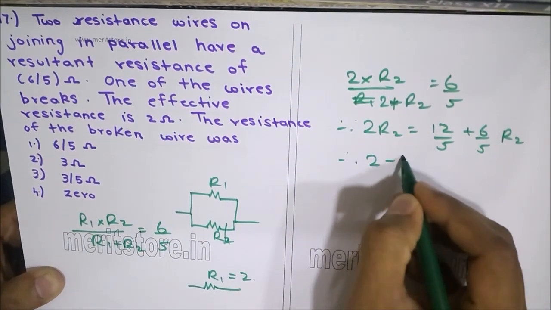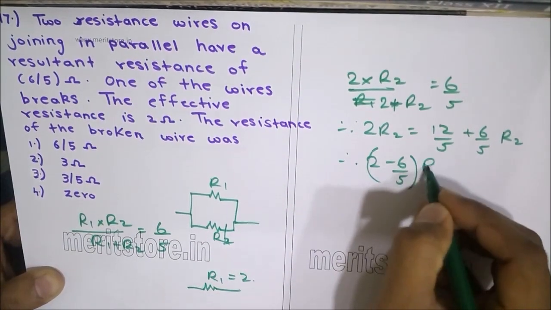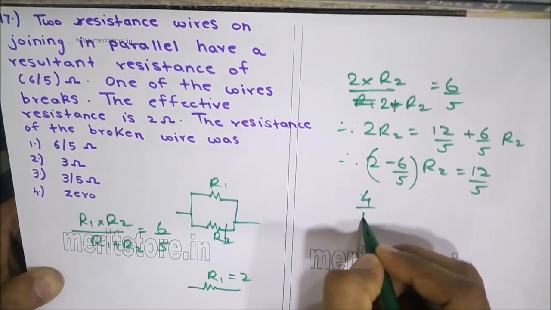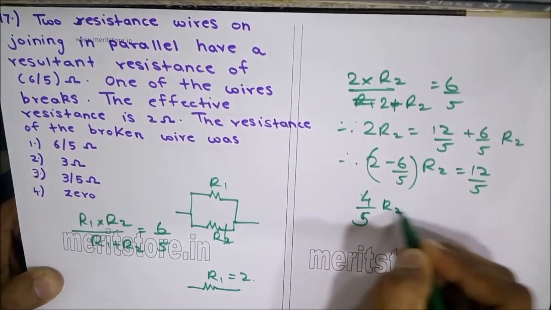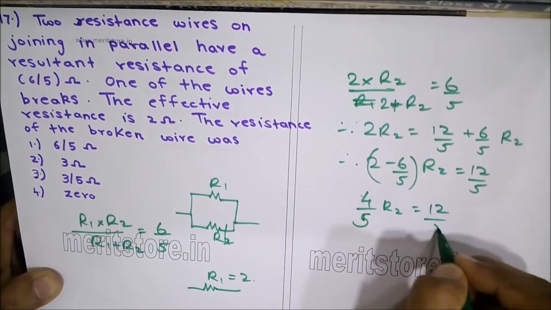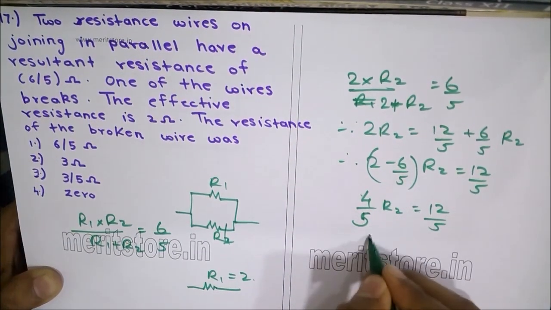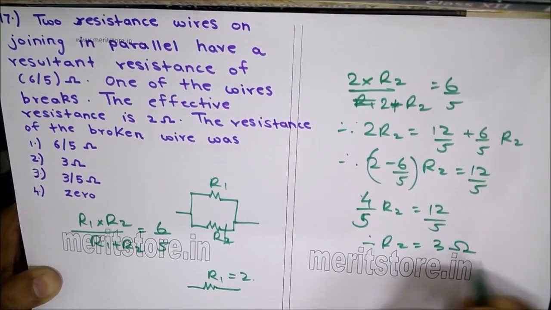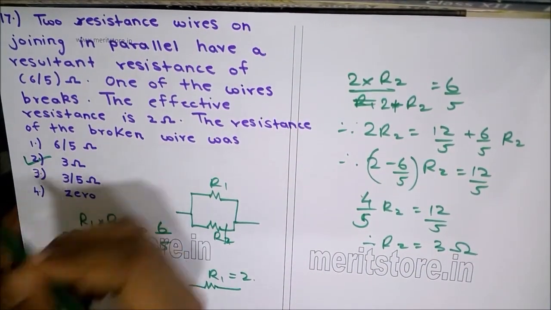Therefore, 2 minus 6 by 5 R2 is equal to 12 by 5. 4 by 5 R2 equals 12 by 5. Therefore, R2 equals 3 ohms. So option number 2 is the correct answer.